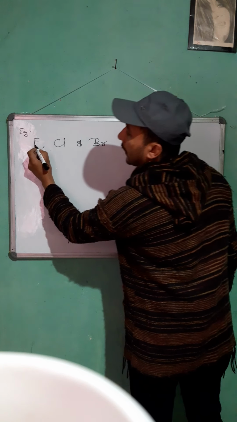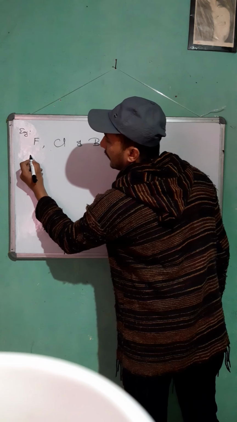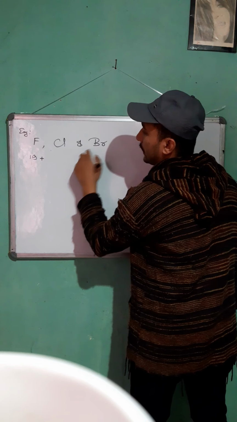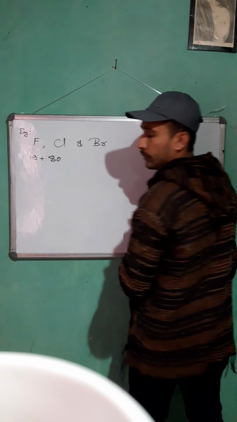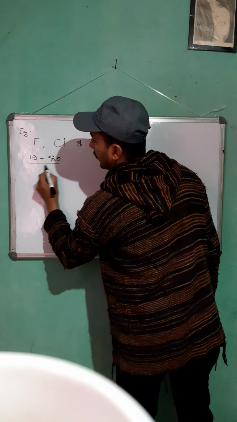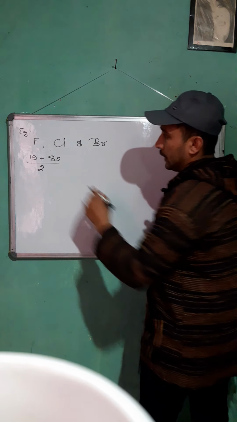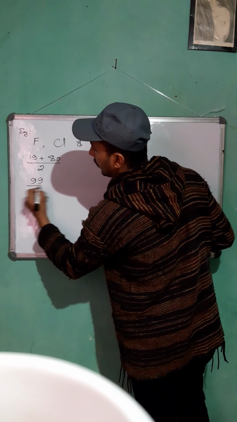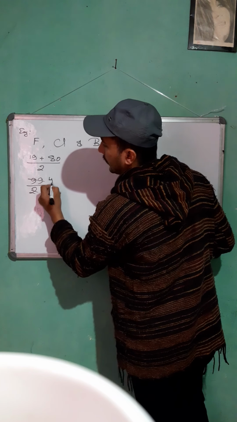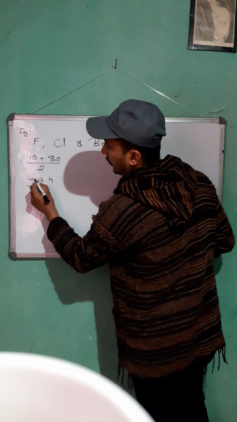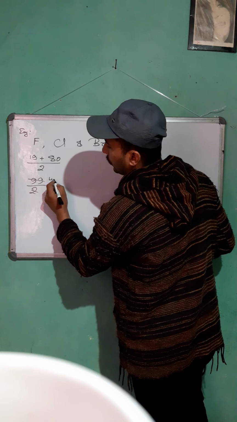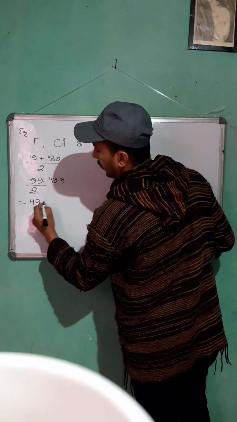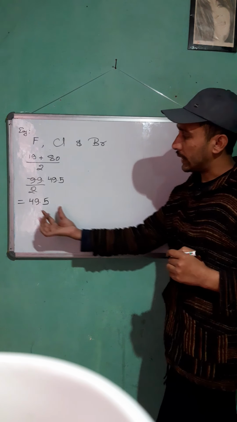For example, the atomic mass of fluorine is 19, plus bromine is 80, and if you take the average of these two masses, 19 plus 80 is 99, divided by 2, you get 49.5.